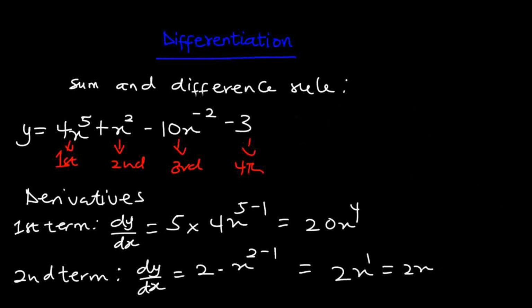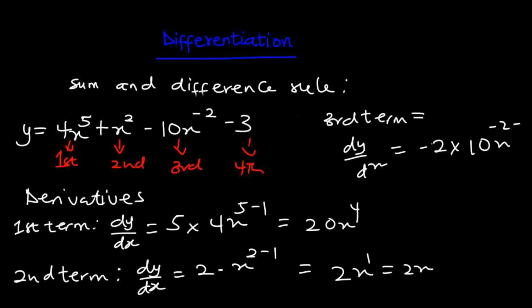And then for the third term, you have the derivative dy over dx, which will be equal to minus 2 times 10x to the power minus 2 minus 1, which will be equal to minus 20x to the power minus 3.